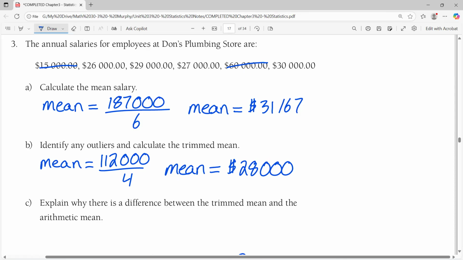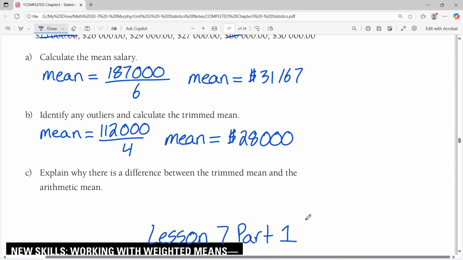And I would say that's a better indication of the average salary there, just looking at it, right? Explain why there is a difference between the trim mean and the arithmetic mean, which just means the normal one.